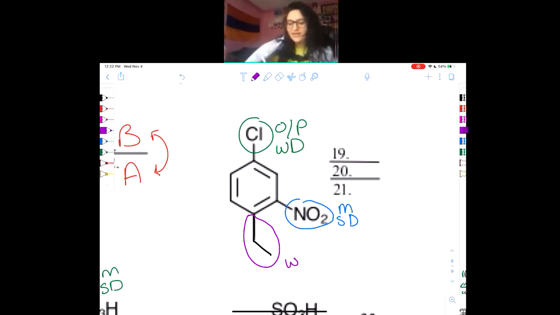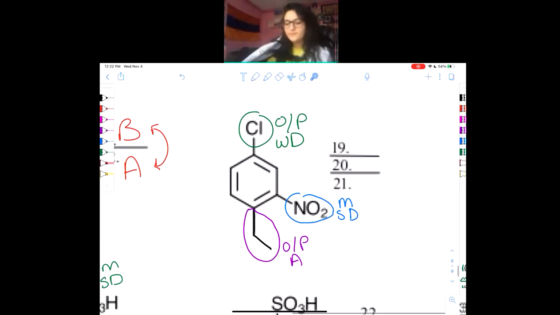Yes, it is an activator, and it's technically a weak activator, but I'm not going to confuse you, so I'll just write activator, and that means it's ortho-para directing. Cool. So we know that we have a Friedel Crafts happening, so that's something else that you have to keep in mind. So we know that whatever we do, NO2 had to come after the Friedel Crafts.